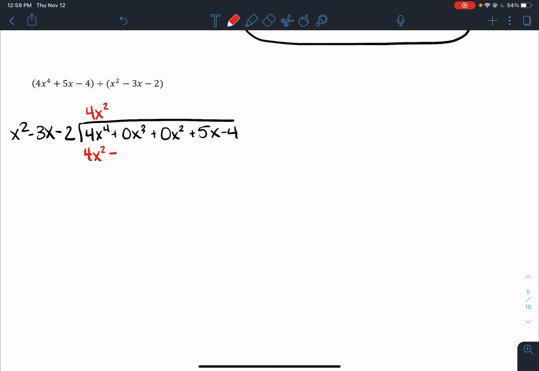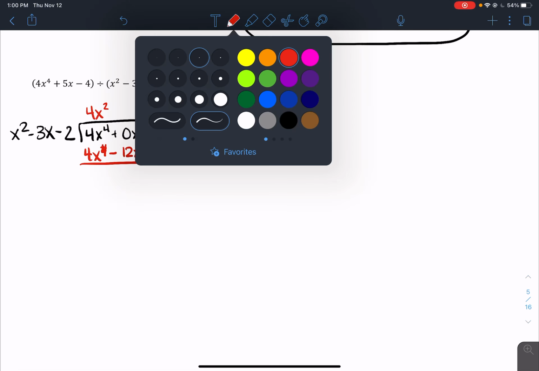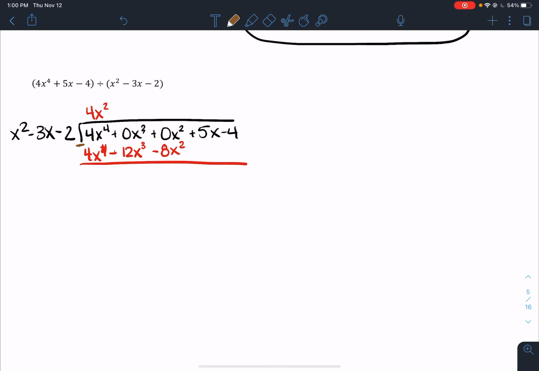minus 12x cubed minus 8x squared. I subtract every term. So I get 12x cubed plus 8x squared plus 5x minus 4, dropping the last two terms.